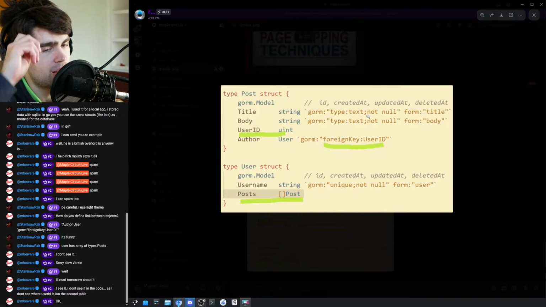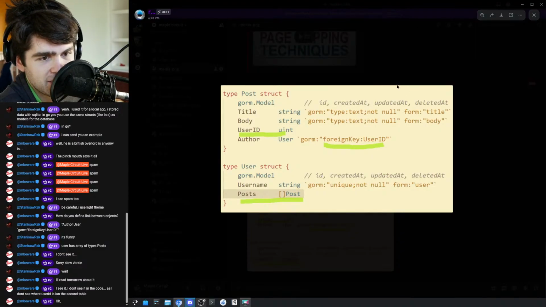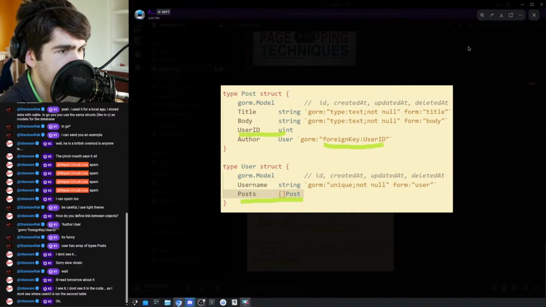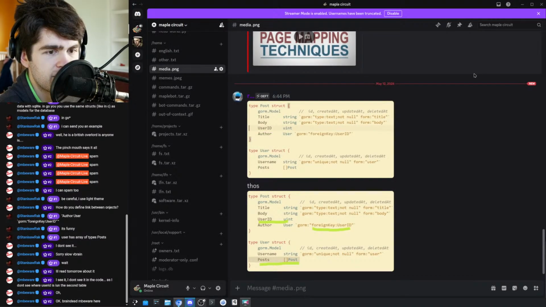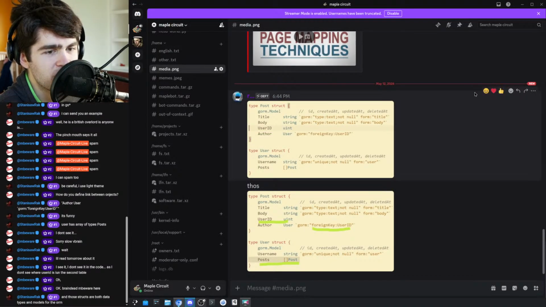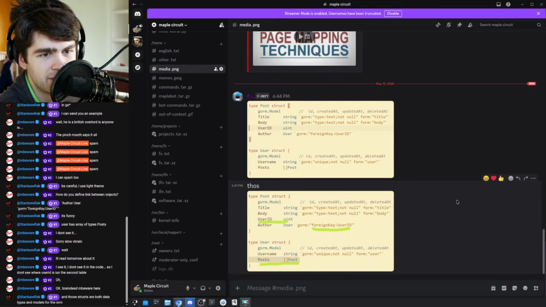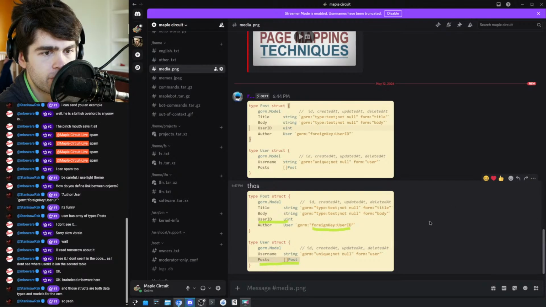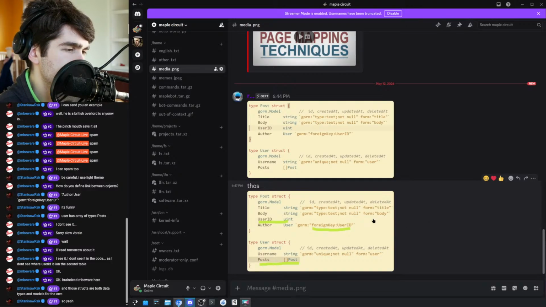Yeah, it took me a while to see it as well. Don't worry, like I said, it took me a while too. And those structs are both the data type and the model for the ORM. Yeah, it's kind of cool.